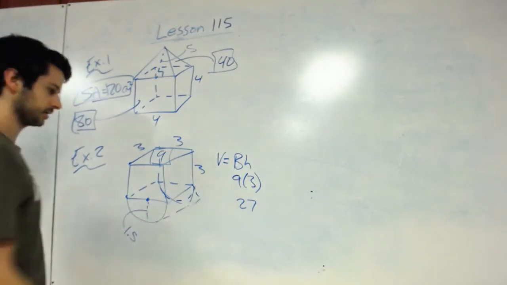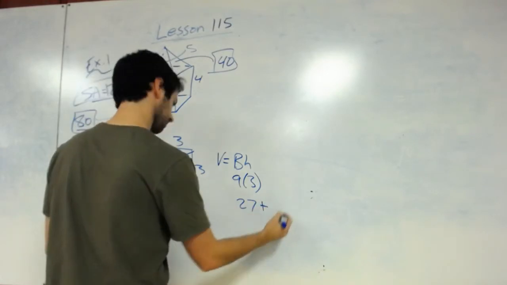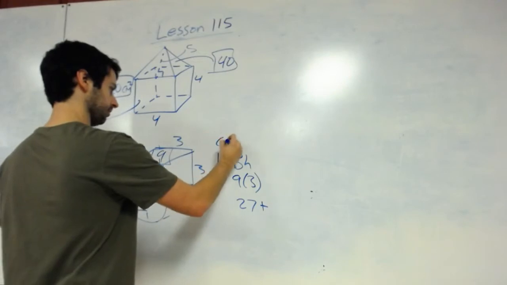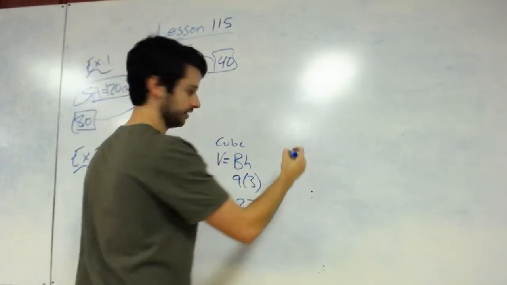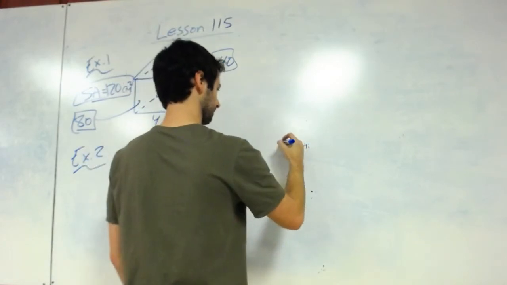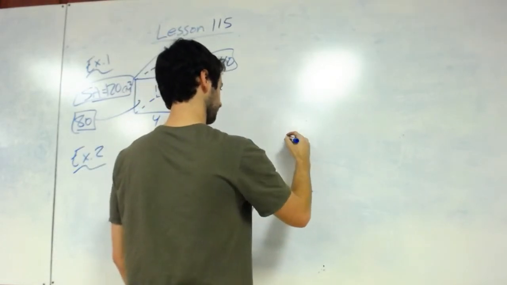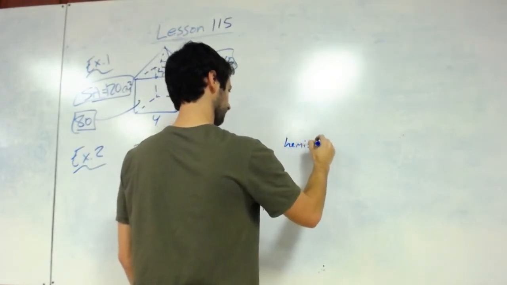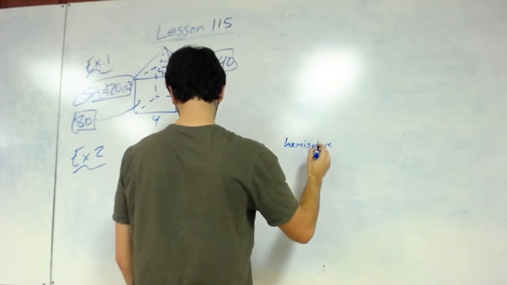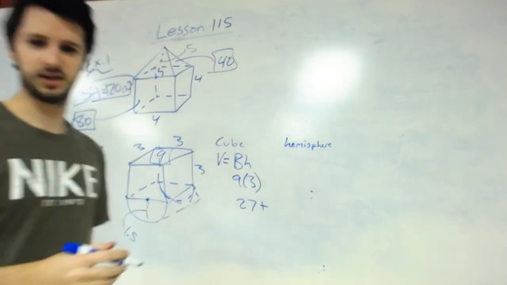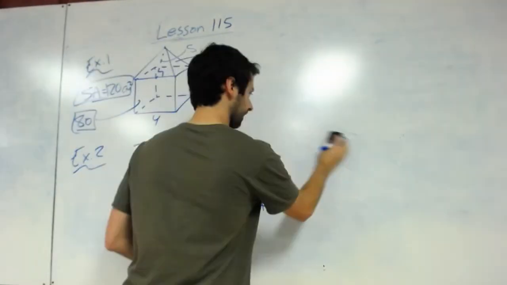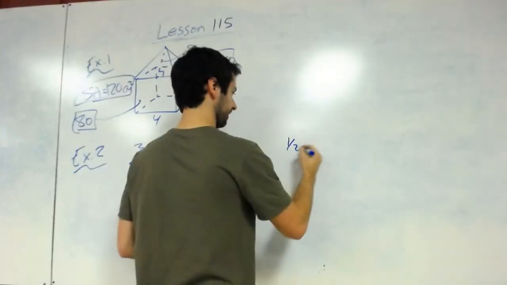So we're going to add this to, so that was the base of the cube. Now the base of the hemisphere. Okay, it's actually not technically a hemisphere, it's half a cylinder. Golly, I keep calling that a hemisphere.